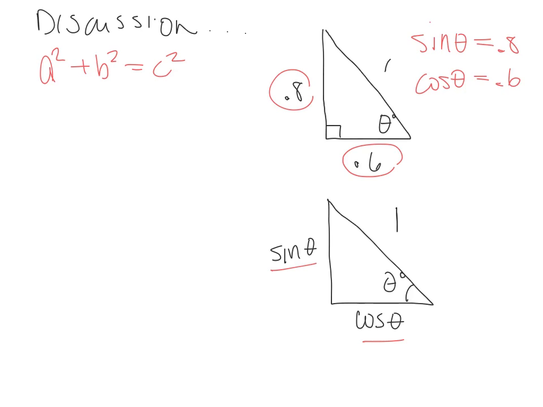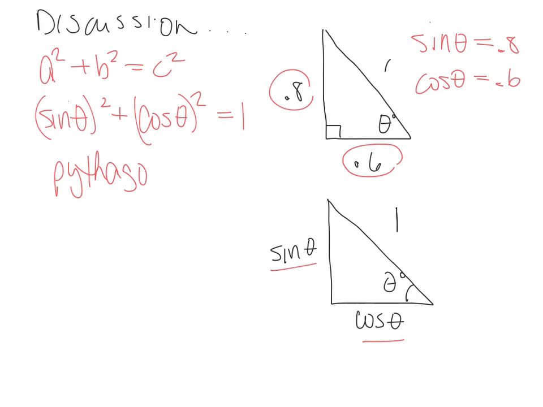Well, in this case, I can say sine theta squared plus cosine theta squared equals 1. This is actually an identity that we'll learn again in Algebra 2, and it's called the Pythagorean identity.